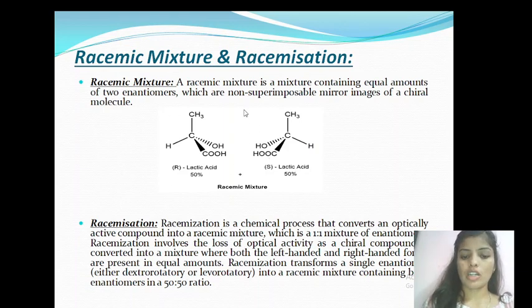This involves the loss of optical activity, because one compound rotates the light in the right direction and the other compound rotates the light in the left direction, and both cancel each other out. Due to this, the mixture of these two isomers is optically inactive.